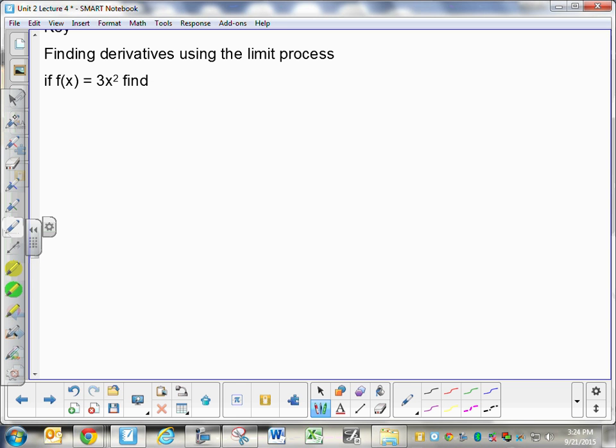I'm just going to say let's find, without using a calculator, f prime of 1, which we already found using our calculator. We said it was equal to 6, right? Okay, let's do it without a calculator. Let's see if we can use the magical formula. Here we go. Well, I know that a derivative of a function is going to be using this.